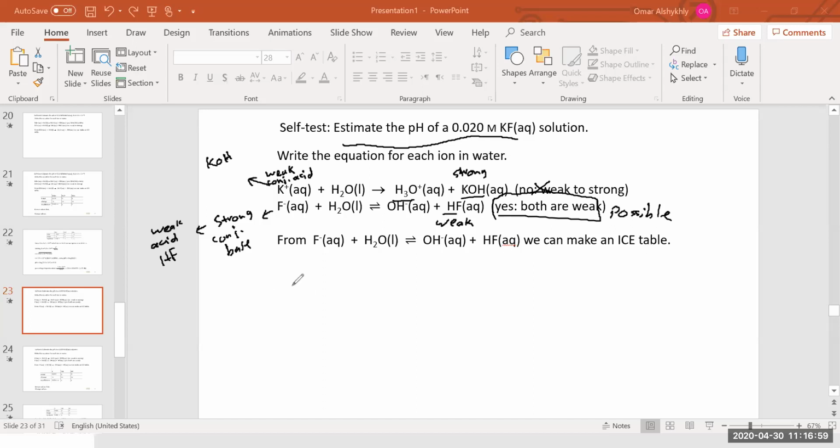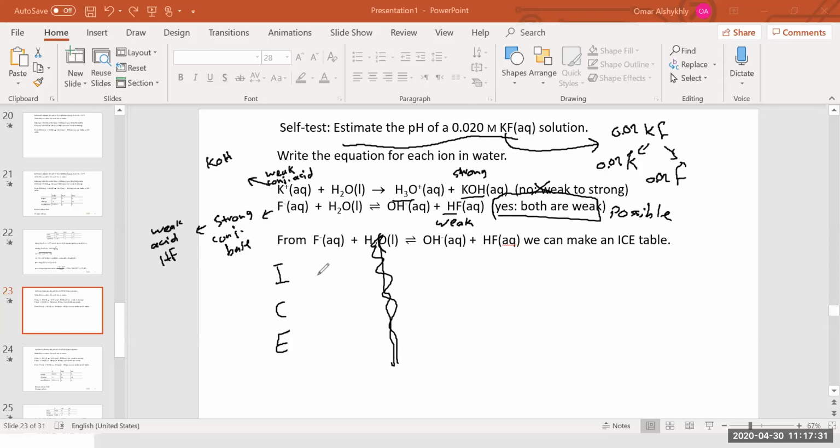Let's make the ICE table from that. Here, nothing for water. Now let's start with the fluorine. KF is dissociated to give you 1 K and 1 F. So if I have 0.02 molar, this is 0.02, this is 0.02. So the fluoride will be 0.02 and 0, 0.